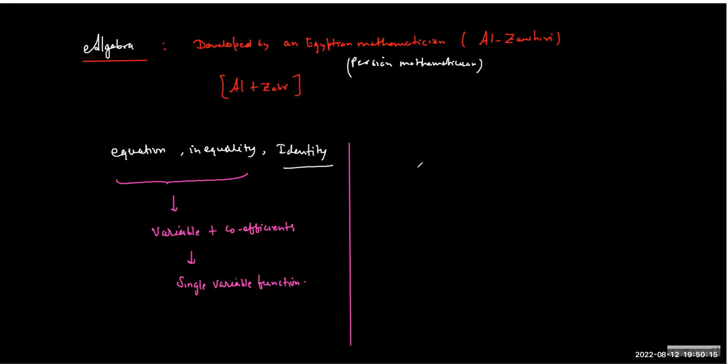I said yes, it's not a big deal. That very small kid came to me with a nice question. He was asking me something really powerful. He asked me, sir, why do we use variables in algebra?